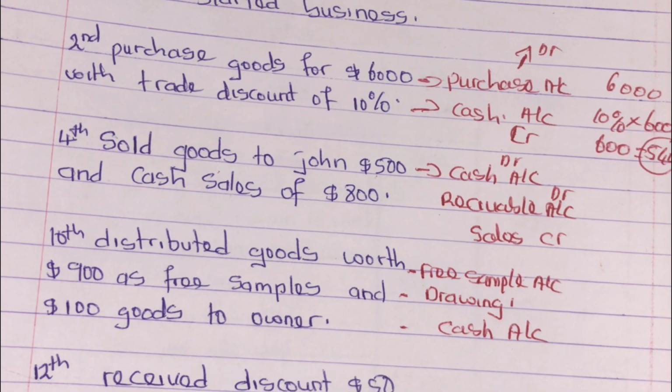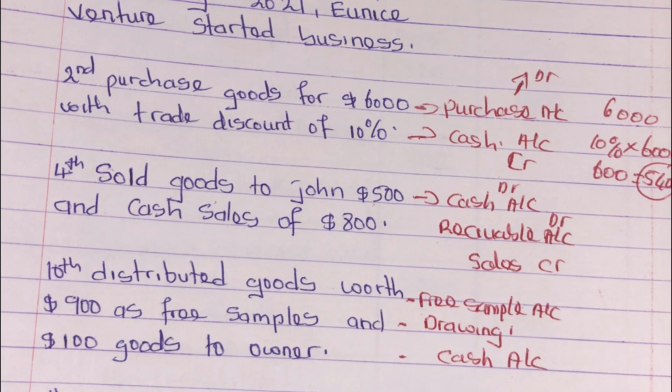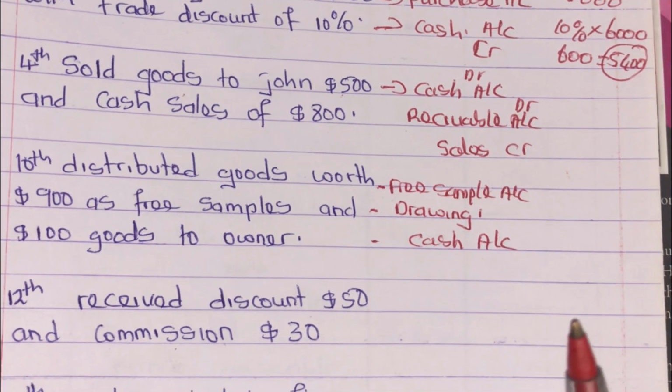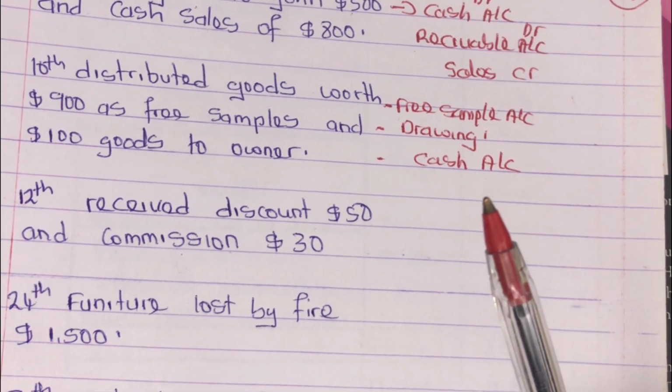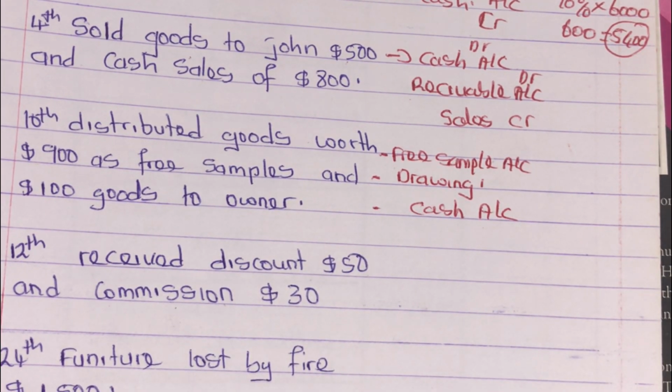The next question says, on the 12th, receive discount $50 and commission $30. So when we receive discount and commission, or when the business receives discounts and commission, it means that cash is entering the business.